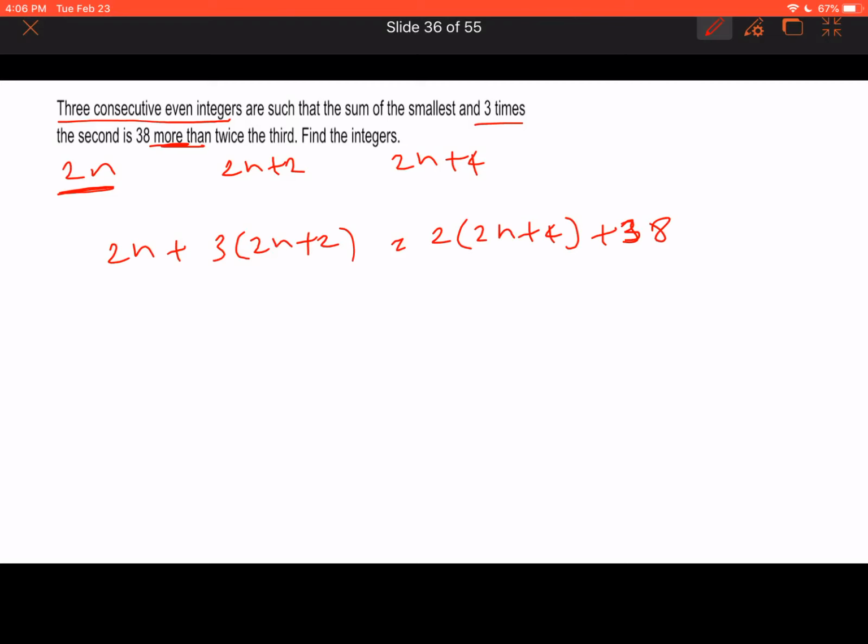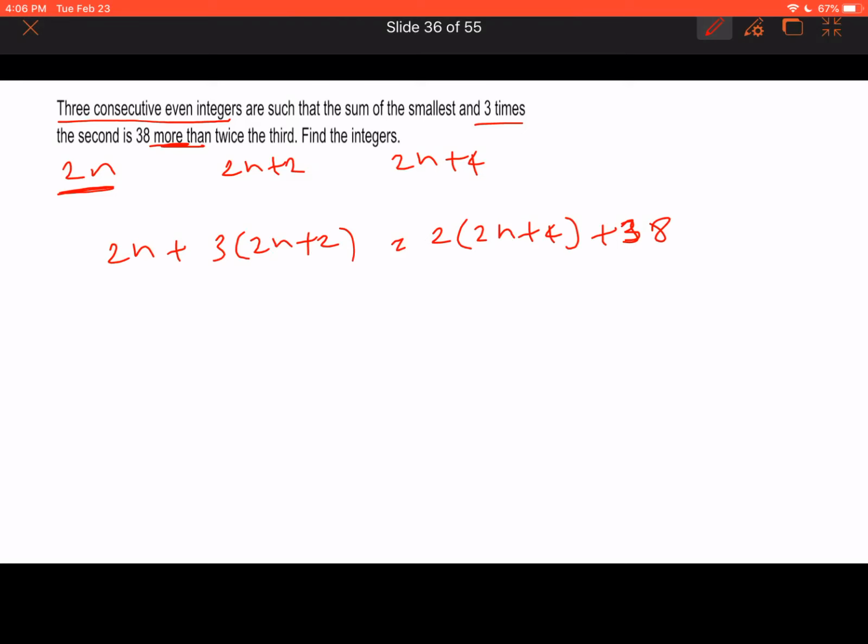We saw some examples in the age related problems, right? Whenever there is a sentence with more than or less than or greater than, the second part of the sentence is stated first, followed by the first part. Here the second part is twice the third, and the first part is 38 more. So we have to add 38 to this.